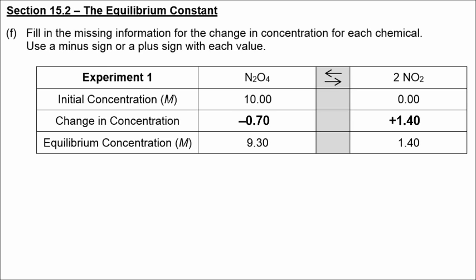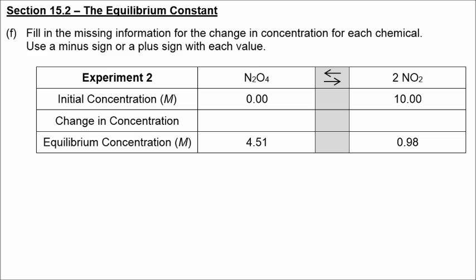The absolute value of these changes, so 1.4 and 0.7, are exactly a 2-to-1 ratio because of the stoichiometry in the balanced chemical equation. Experiment 2, N2O4 increases by 4.51, NO2 decreases by 9.02. Again, the 2-to-1 ratio in the magnitude of these values represents the 2-to-1 ratio with respect to moles.